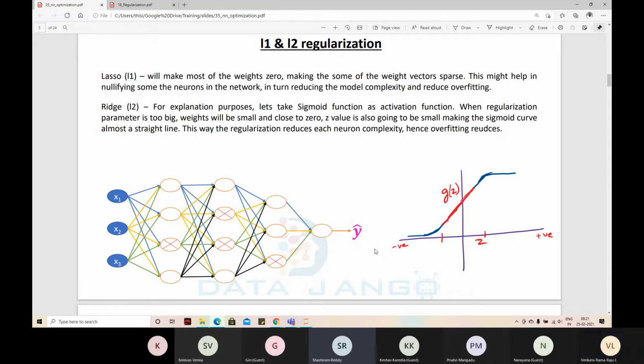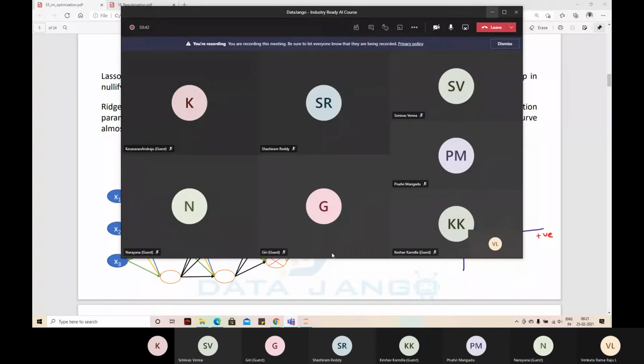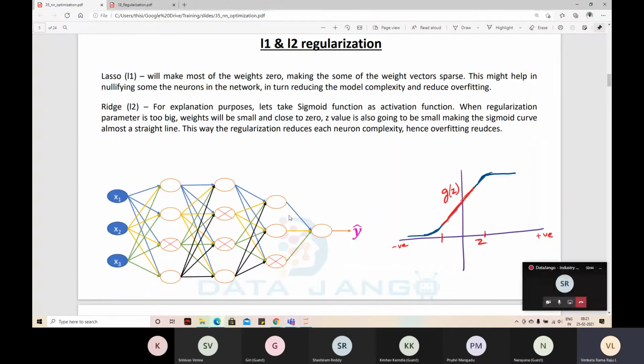Got it? Clear, right? Okay, you got it, I think. Yeah, I will need to understand more on the activation.